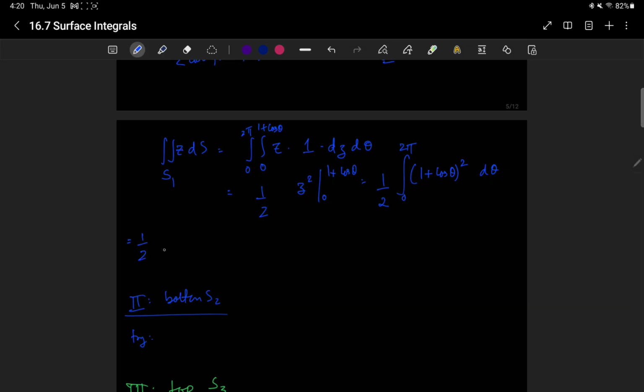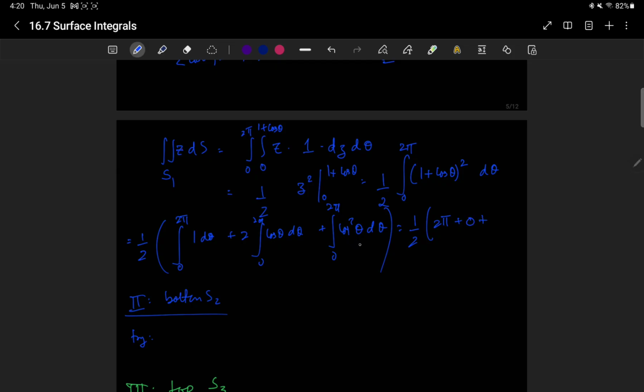And let's see what that becomes. We have 1 half, and we are left with 3 integrals: a 1 d theta from 0 to 2 pi, a 2 cosine theta from 0 to 2 pi, and a cosine squared theta from 0 to 2 pi. Some of these are straightforward. First is 2 pi. The second one gives a negative sign, which will give 0.